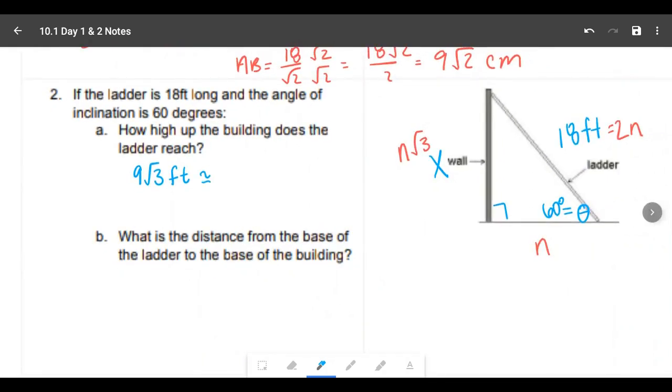But I am going to plug that into my calculator and get that the wall will be about 15.59 feet is where my ladder is going to reach. So then part B is easy enough. What is the distance from the base of the ladder to the base of the building? Well, that's this distance down here.